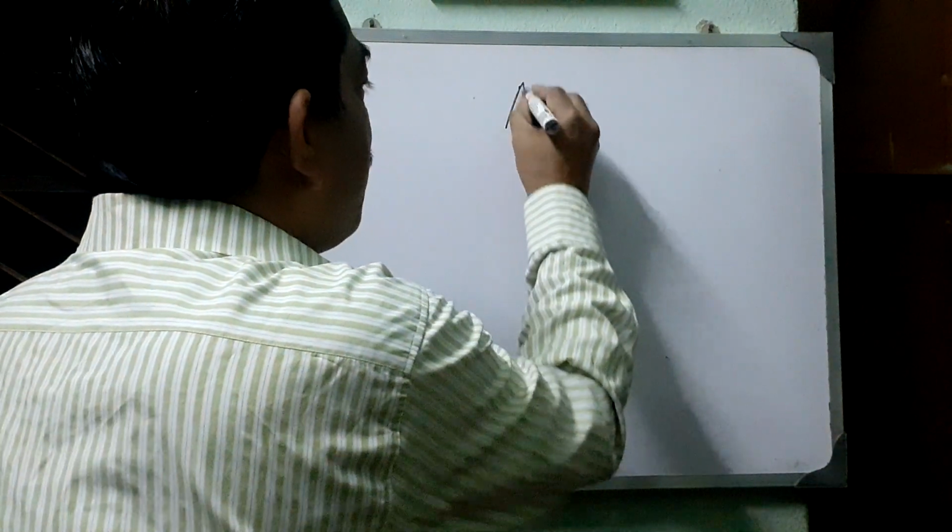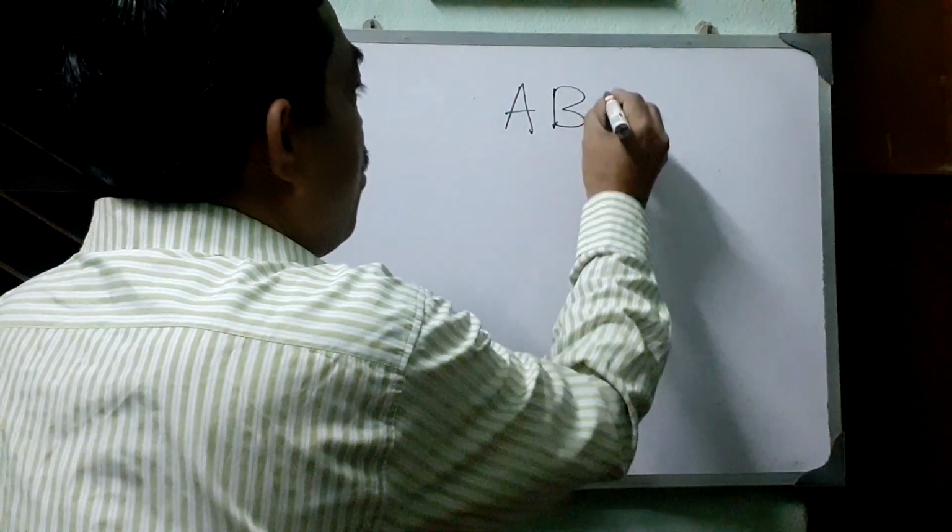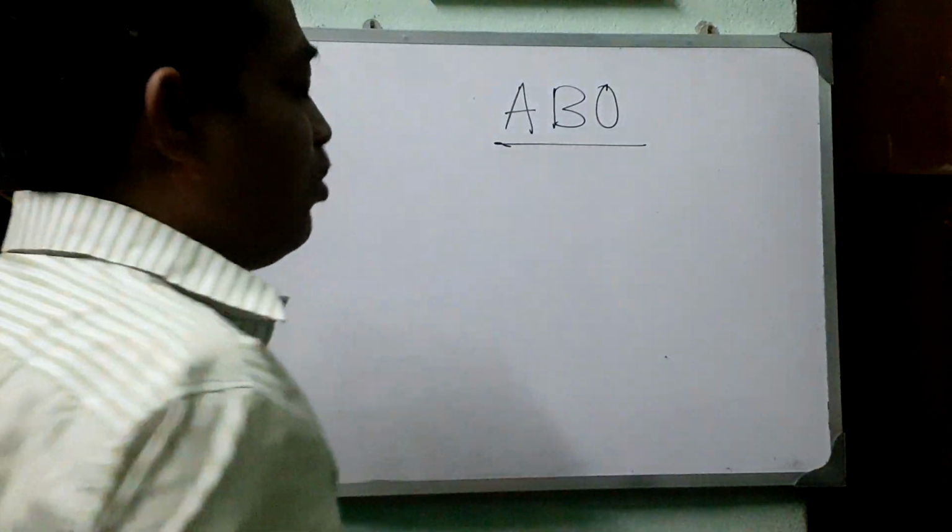Now, the antigens are present on the surface of the red blood cells. Generally, we are talking about the human blood groups, the ABO phenotypic blood group.